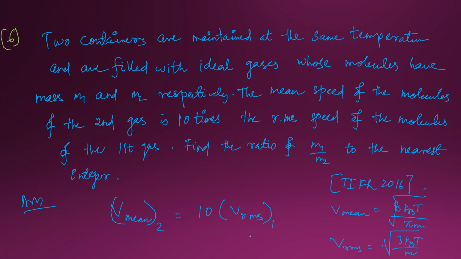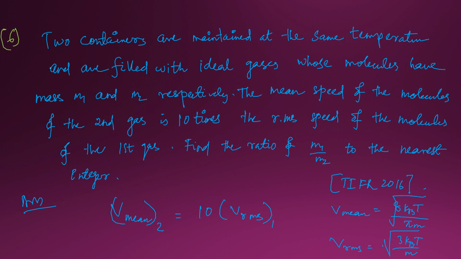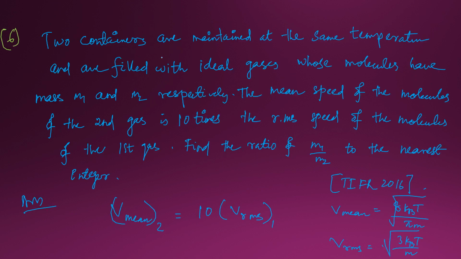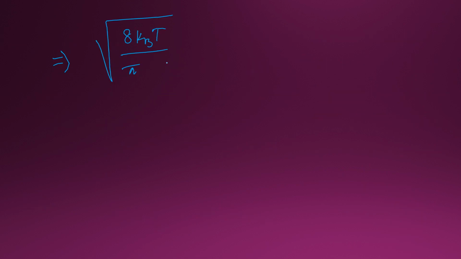Okay, so we'll just put it. V mean of the second gas, root over 8 kBT by pi m2, is equal to 10 times V RMS of the first gas, root over 3 kBT by m1.